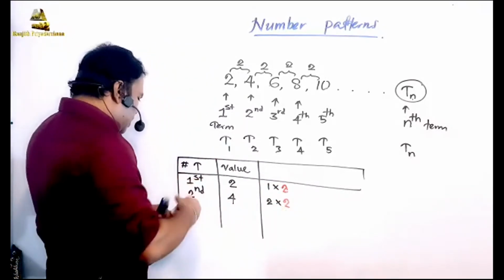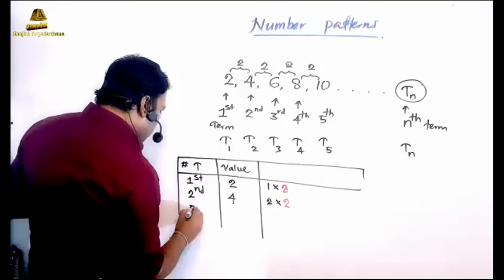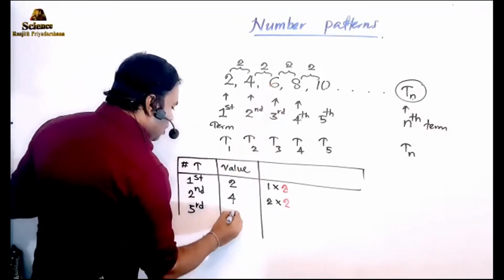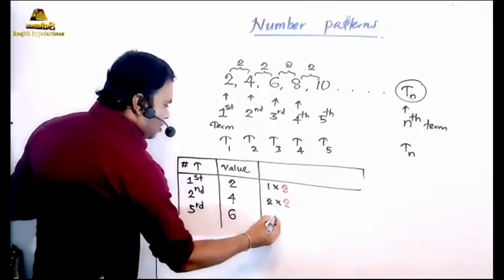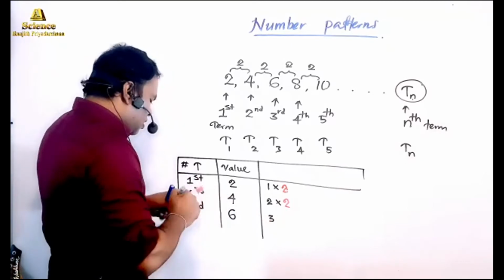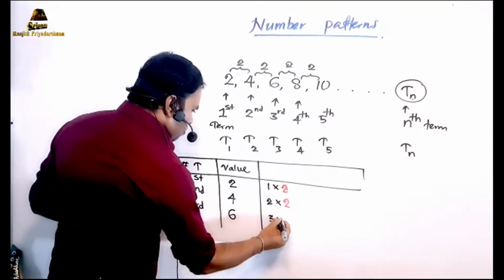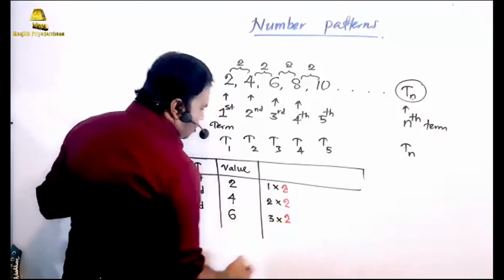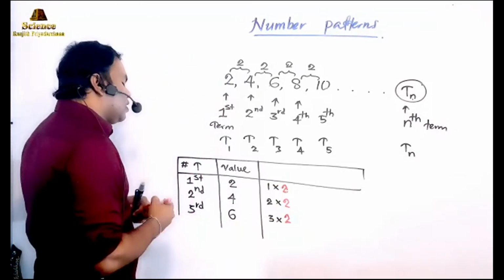Yes, you can write the third term. So that's 6. How does it become 6? Third term, 3, multiplied by 2. Yes, you have to multiply it with 2.